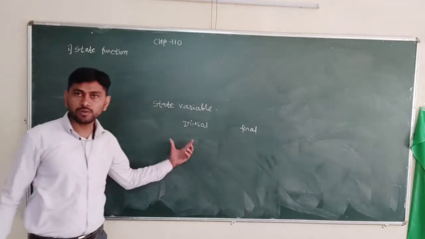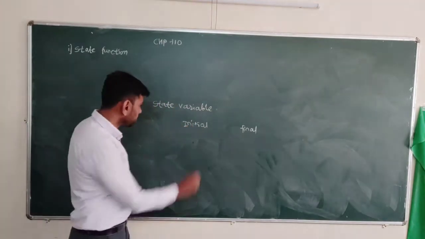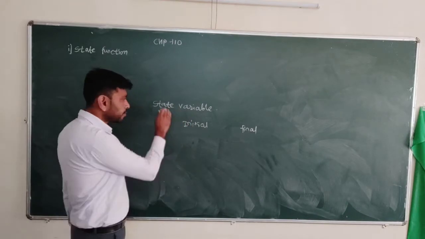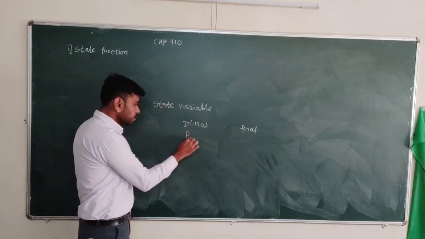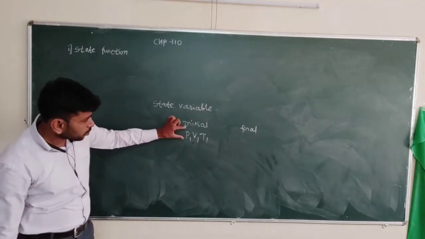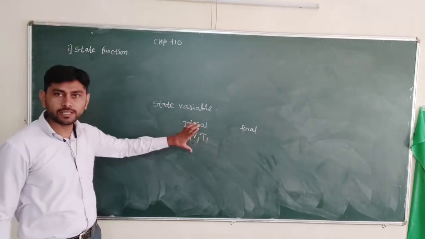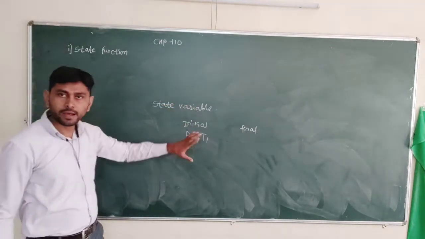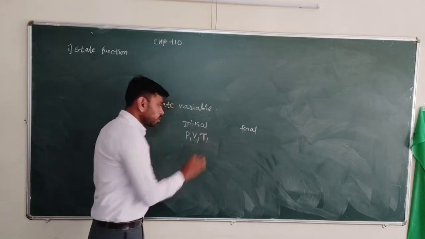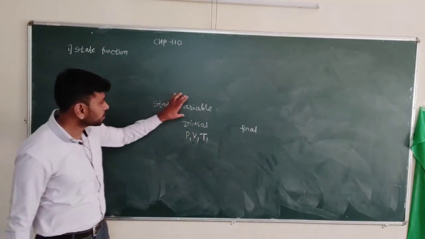If they have a fixed value, then it is called a state of the system, that is, initial state, final state. So the initial state and final state are defined by state variables such as P1, V1, T1. So it is the initial state. The value of pressure, volume, and temperature defines the state of the system. They are not changing with time, that's why it is a particular state. So these are state variables.